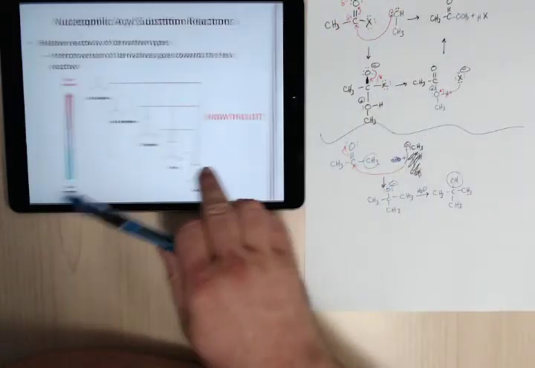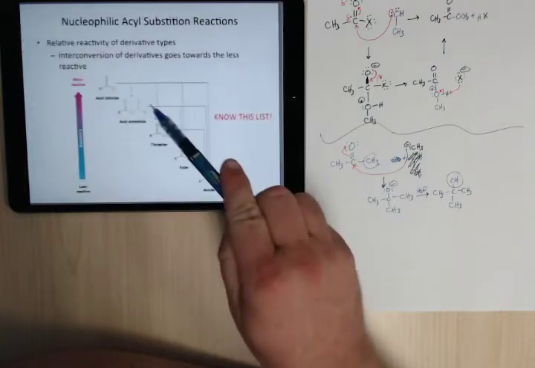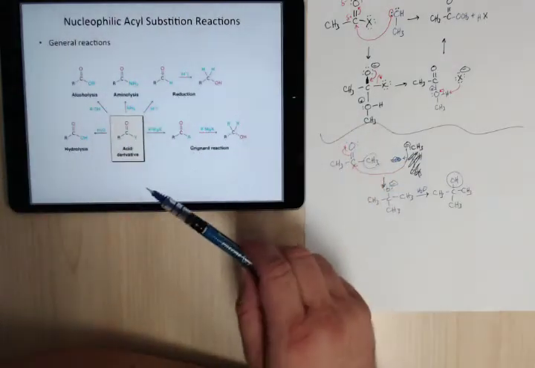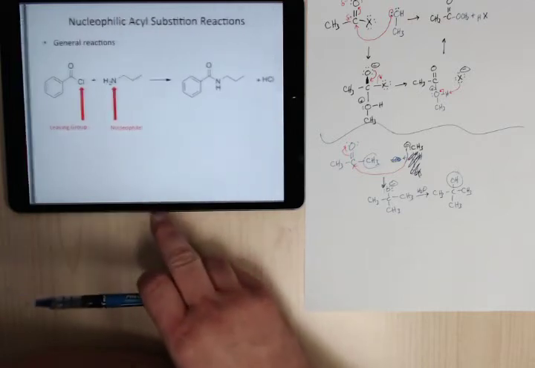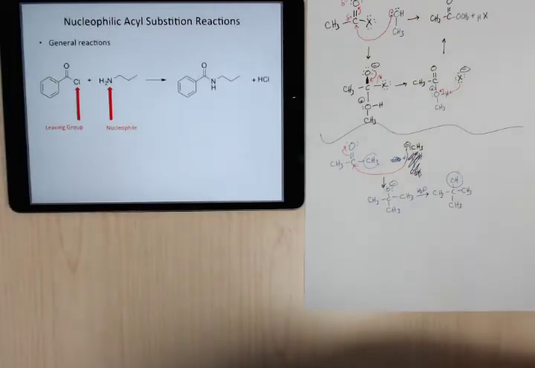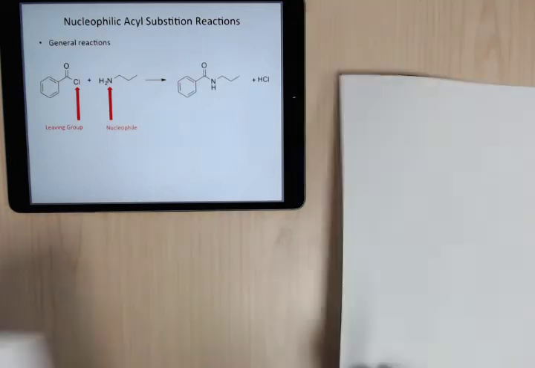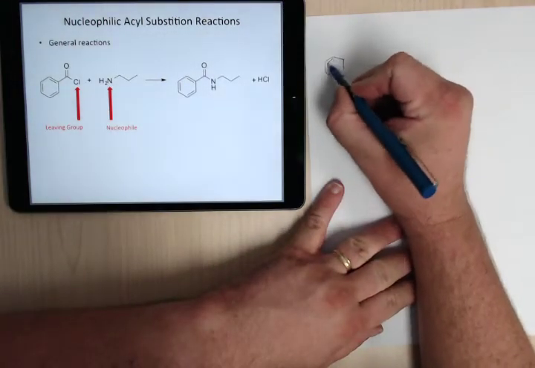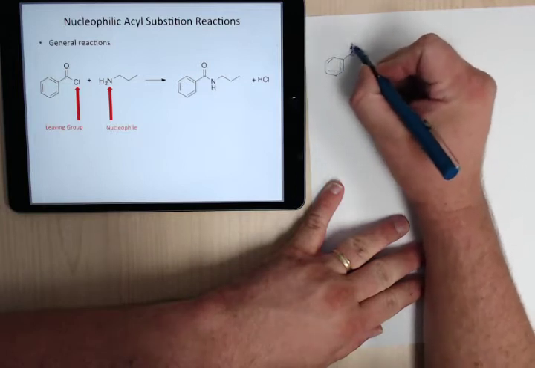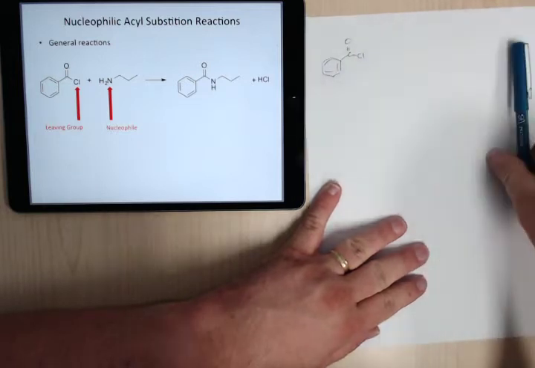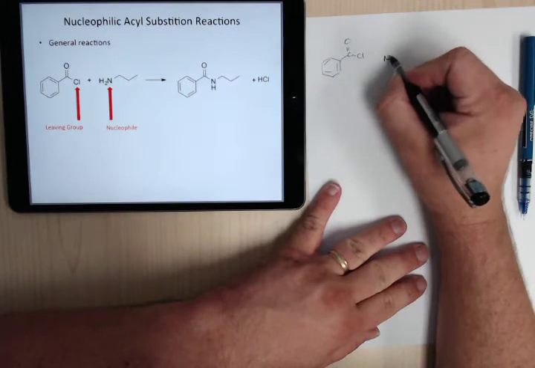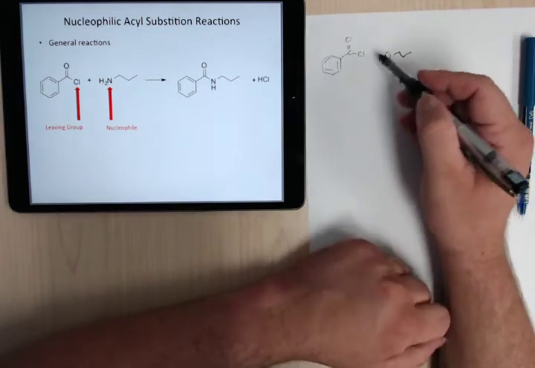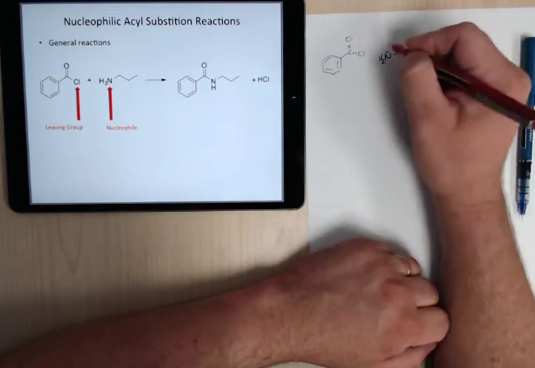So acid chlorides can make all of these, so it doesn't really matter what you end up making. And the way these are going to work is that, let's say you have an acid chloride and you have an amine. You have a C double bond O. You have something with a lone pair that's going to attack.